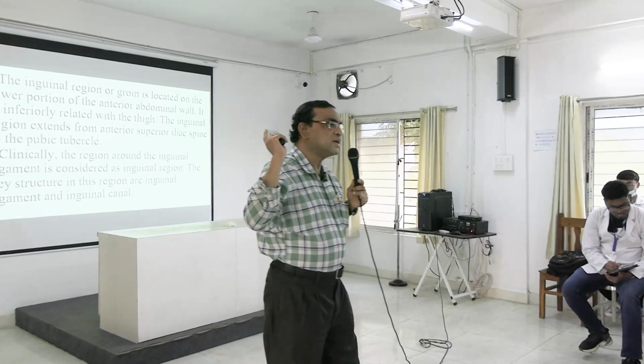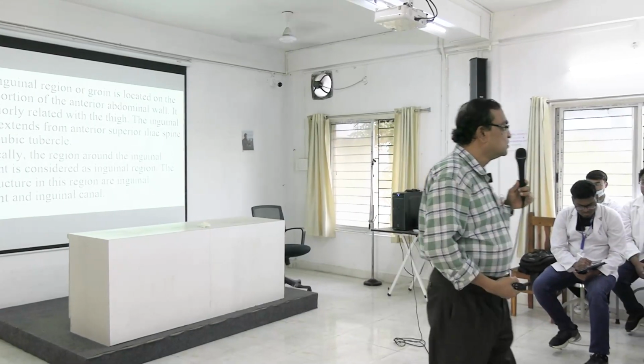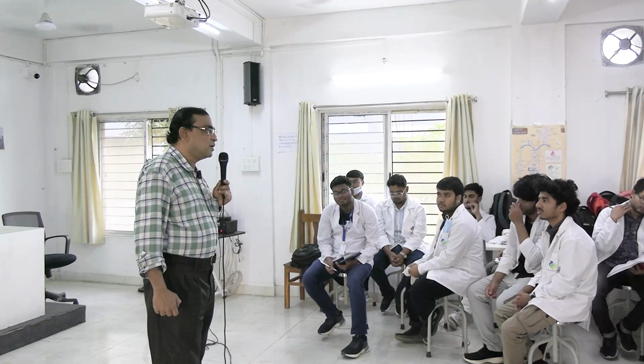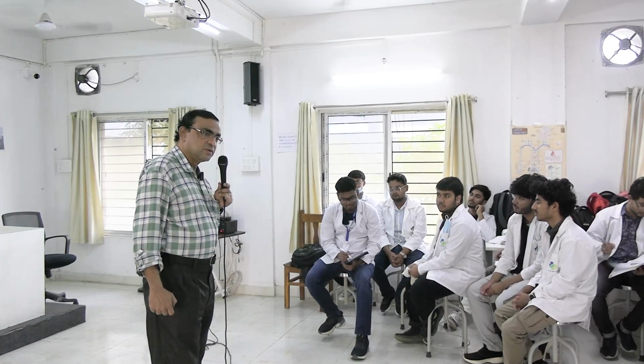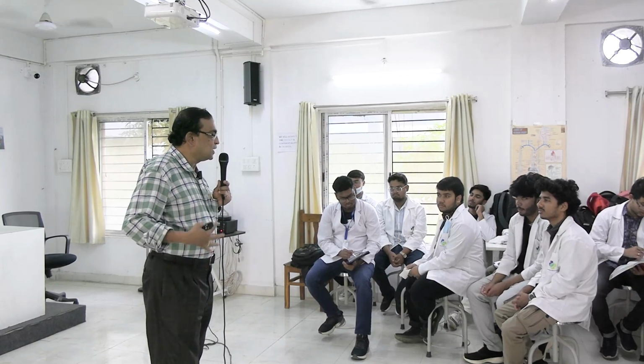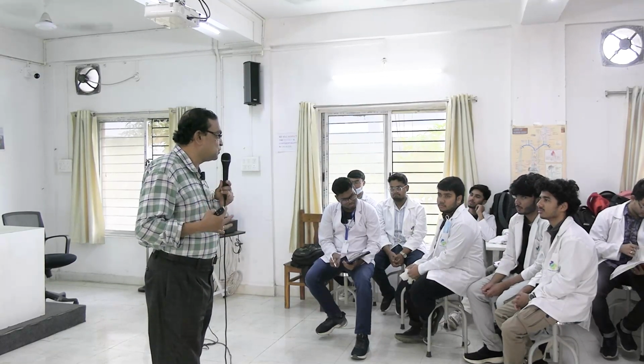Now we can see what the inguinal region is. This is the area below the umbilicus, that is the inguinal region. Here we can see the three muscles one by one: the external oblique, internal oblique, and transversus abdominis.